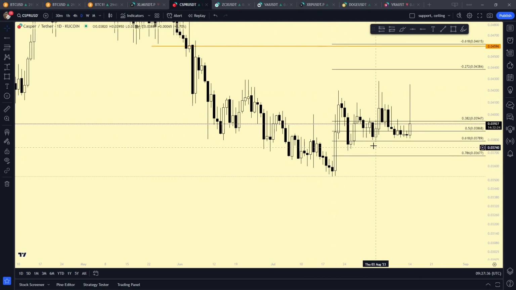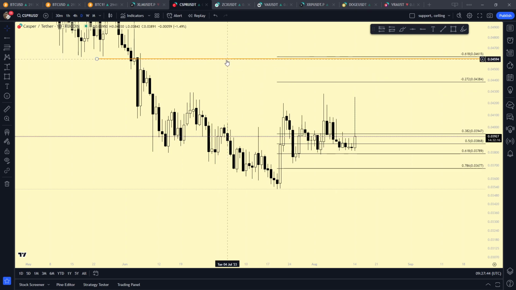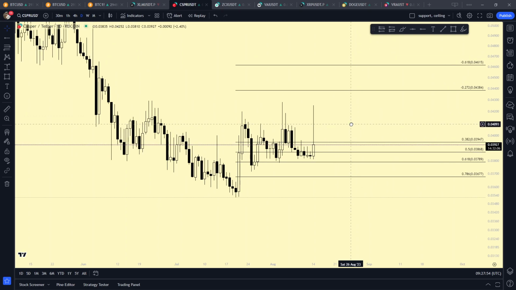It perfectly accepts the 0.618. So actually, guys, this was today, right? I think after this consolidation zone, we might actually make a big move upwards.